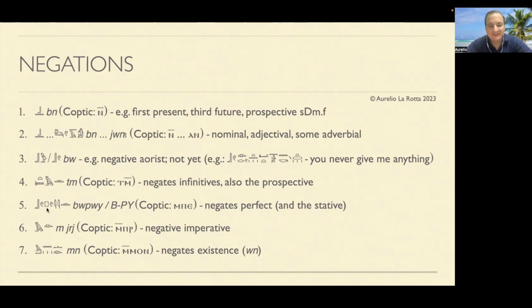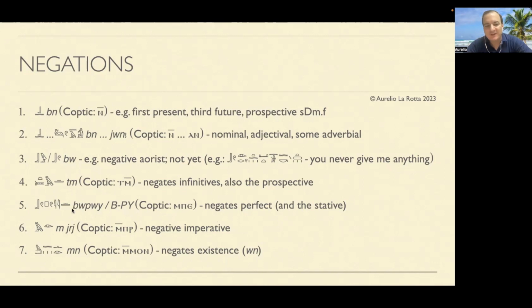The one we've just discussed is bwpw, or bwpy, which becomes mp in Coptic. This is definitely a Late Egyptian animal. You're not going to see that, I think, in earlier forms. And that negates the perfect. So if you have a perfective sDm=f, that's what the negative form would be. You can't just take the perfective sDm=f and slap a bn in front of it. That would not be grammatical. You have to use this prefix instead, and it gets conjugated.